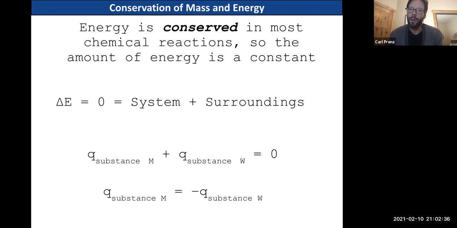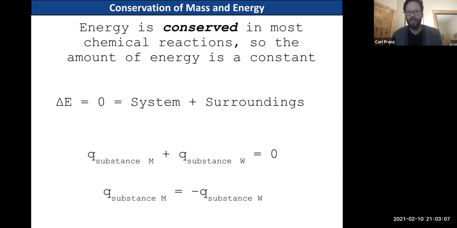We also talked about energy being conserved and how, because energy is conserved, we can say that the change in energy is essentially 0, right? Because it's not changing. It's changing in its form, but the amount of it isn't going anywhere. And so we can say that the change in energy is 0, and that's also equal to the sum of the energy in the system and the surroundings of that system.